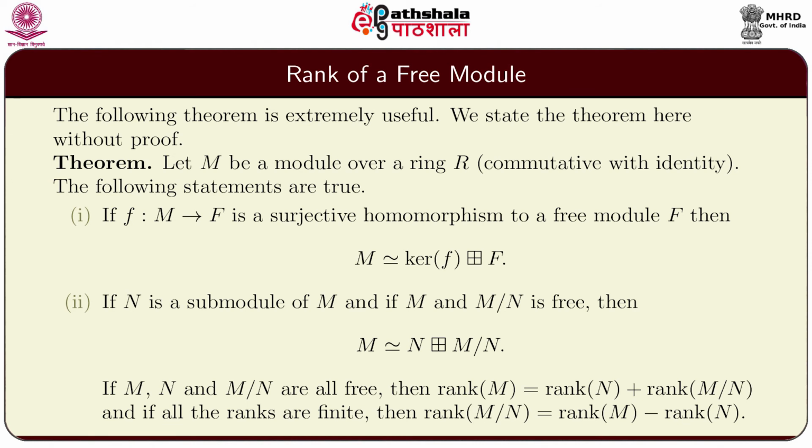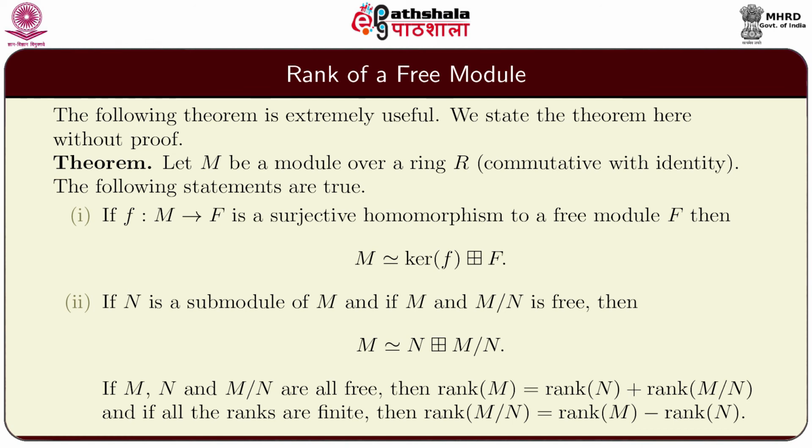If F from M to F is a surjective homomorphism of modules where F is a free module, then M is isomorphic to the external direct sum of kernel F and the free module F. Here of course the free module is playing a big role, otherwise we cannot have this external direct sum.